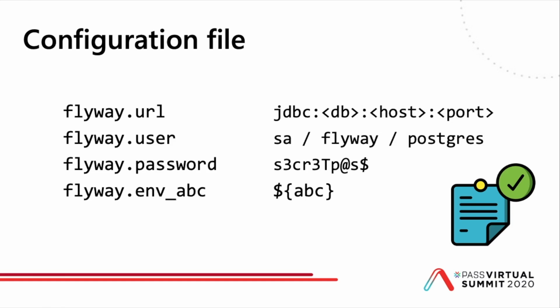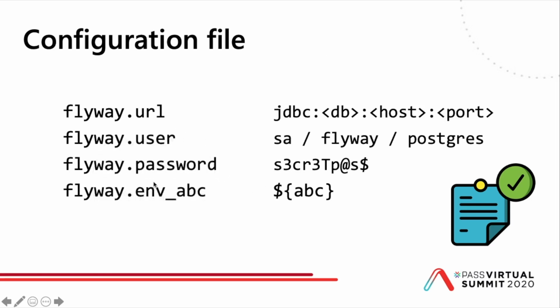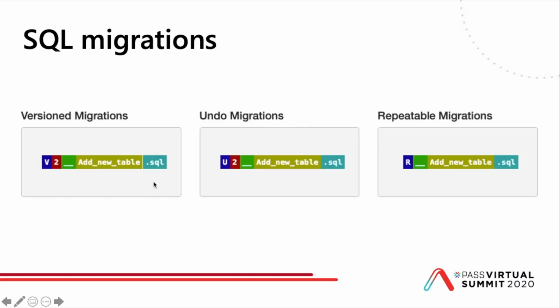Then the usual stuff as user and password. We have to define these in order to connect to any database. And finally, Flyway supports environment variables in config files, and these values are like placeholders that can be substituted. So here's an example.